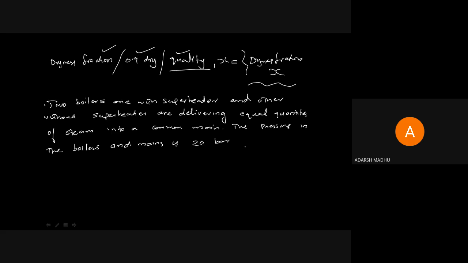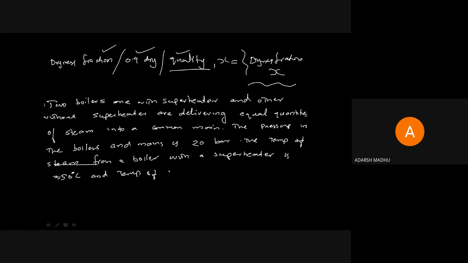The temperature of steam from the boiler with a superheater is 350 degrees Celsius, and the temperature of steam in the main is 250 degrees Celsius.